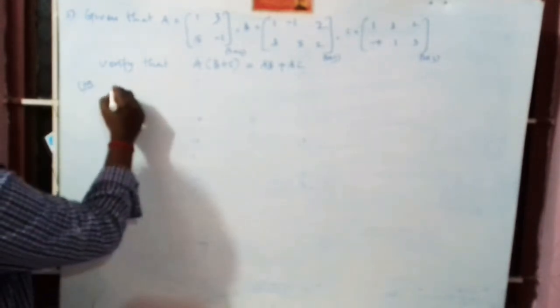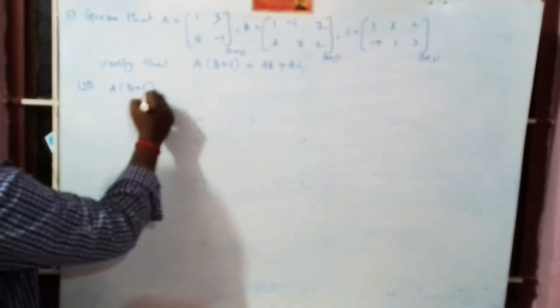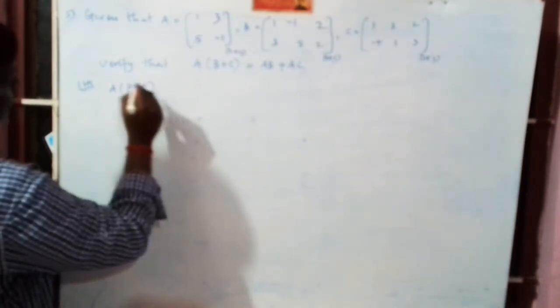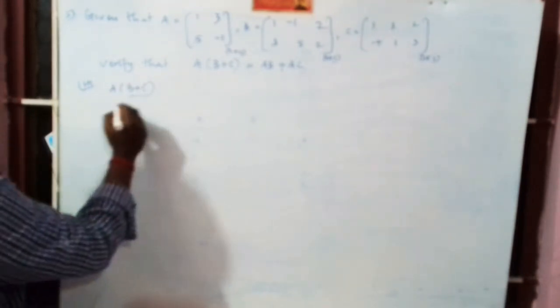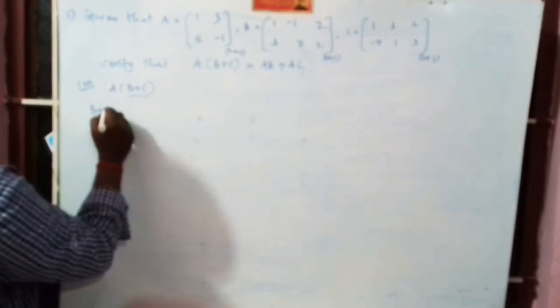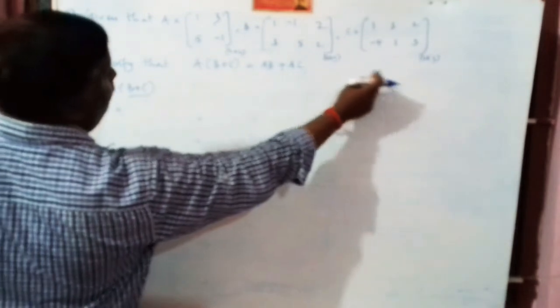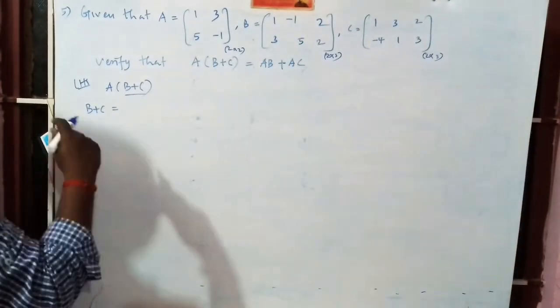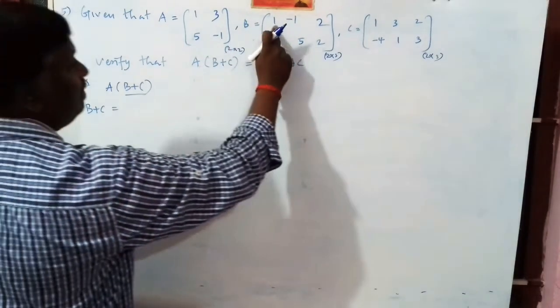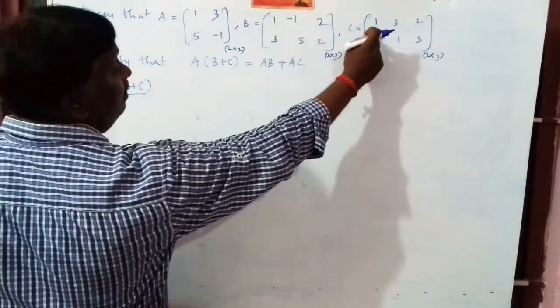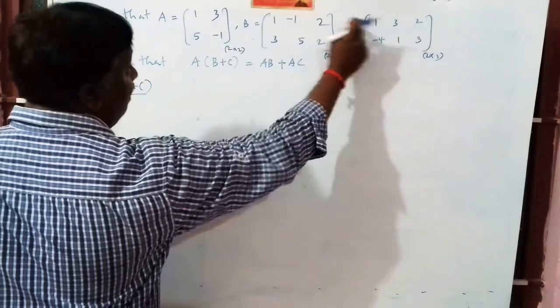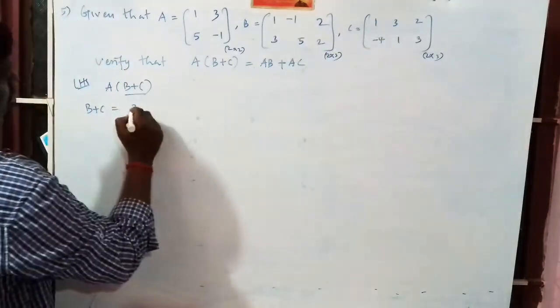LHS equal to A into B plus C. First we have to find the B plus C value. What is B? Check the order, 2 by 3. The addition of B plus C is a direct addition of corresponding elements of B and C. So 1 plus 1 equal to 2.